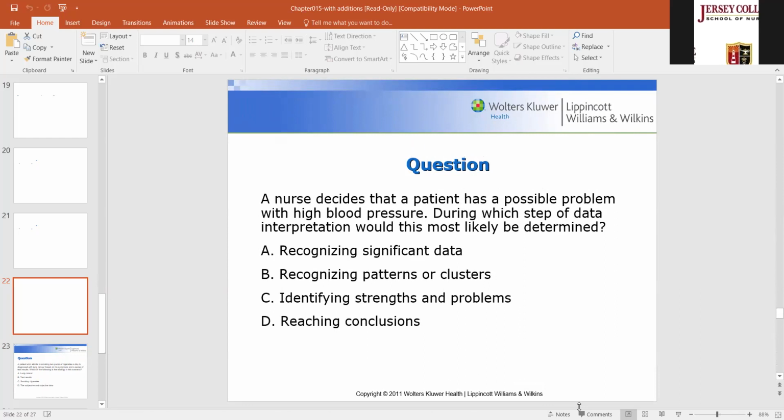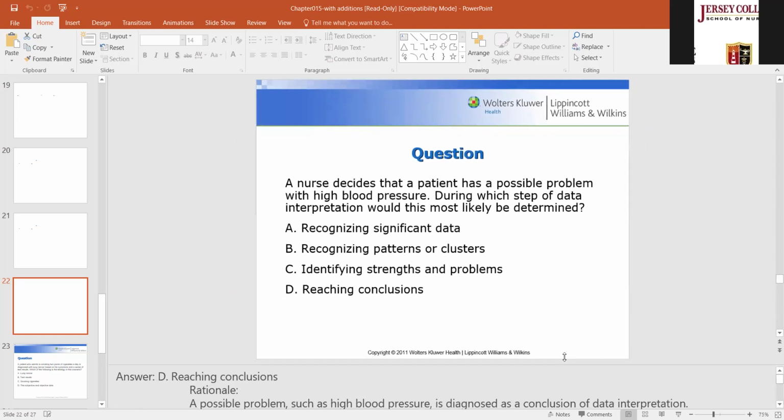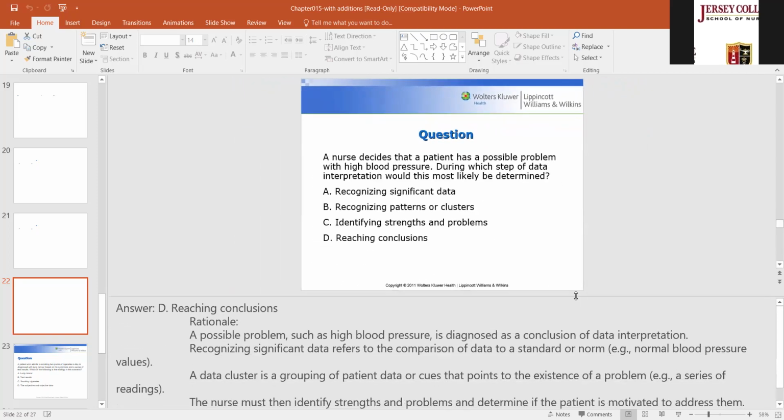So it would be in the conclusion part, right? Because we would have to go back and look at what their baseline is. Everybody can be a little different with this. It might be high for one person, not necessarily high for another. If they have a history of high blood pressure, I have to look at what the blood pressure is and what their baseline is.